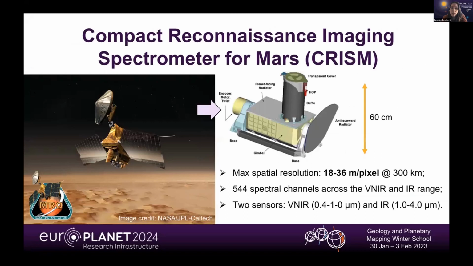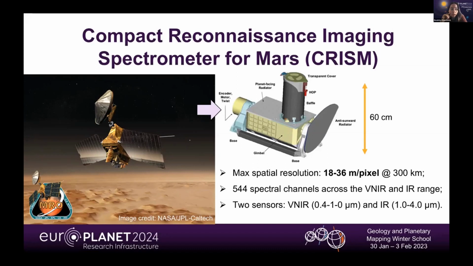So the CRISM spectrometer, as you have seen yesterday, has a very high spatial resolution that can go up to 18 meters per pixel. And that allows us to study targeted areas on the surface.